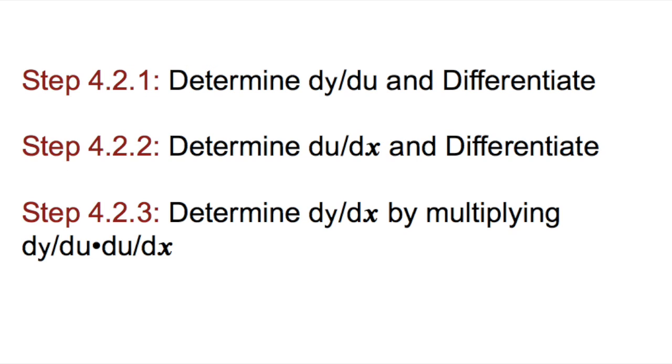Follow these steps to use Leibniz notation and chain rule to differentiate g prime at x. Step 4.2.1. Determine dy over du and differentiate. Step 4.2.2. Determine du over dx and differentiate. Step 4.2.3. Determine dy over dx by multiplying dy over du by du over dx.